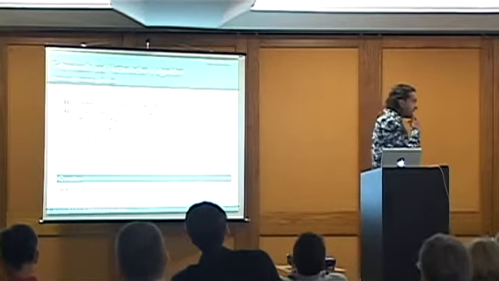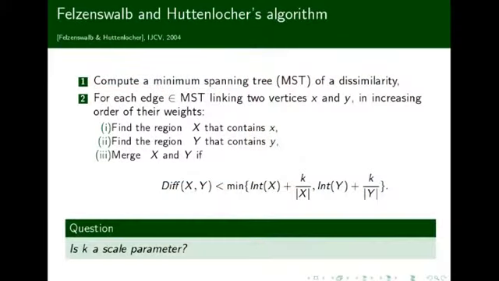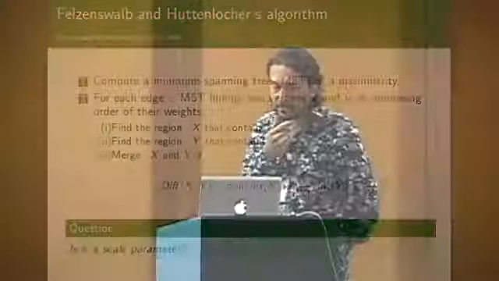Okay. Another example is a classical algorithm. You probably know this algorithm, the Felzenszwalb and Huttenlocher algorithm. I have difficulty telling the names of these two people. Well, the algorithm is very simple. They compute a minimum spanning tree of a given dissimilarity, which can be a simple gradient, for example.